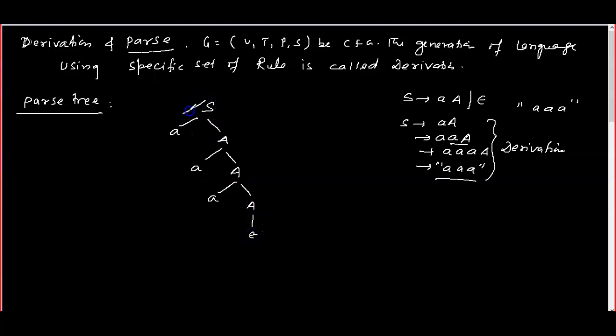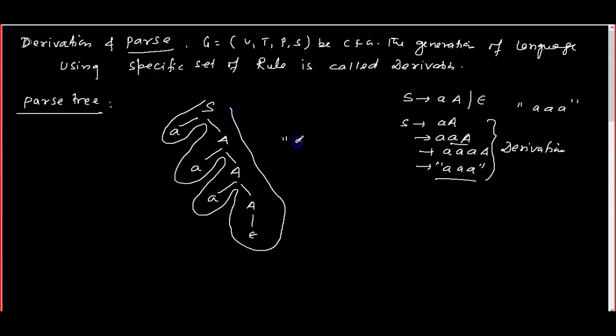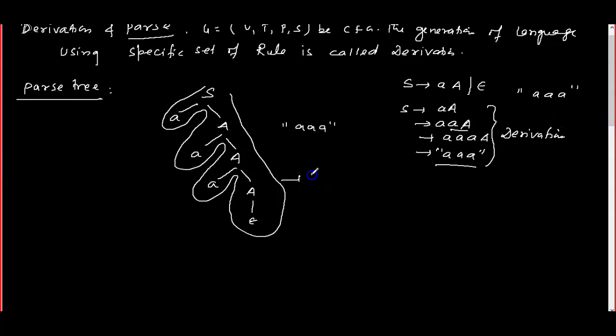So when you read it here, we are getting triple A. And this was the grammar. So this is called a parse tree. Graphical representation of derivation is called a parse tree.